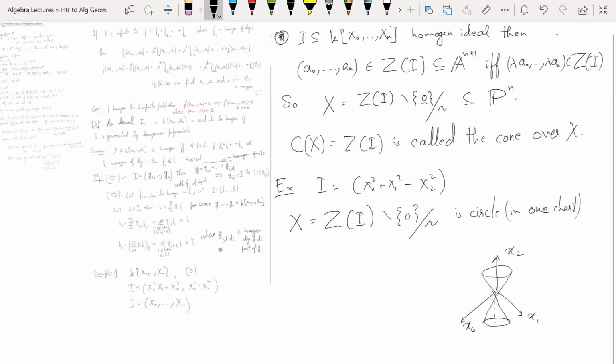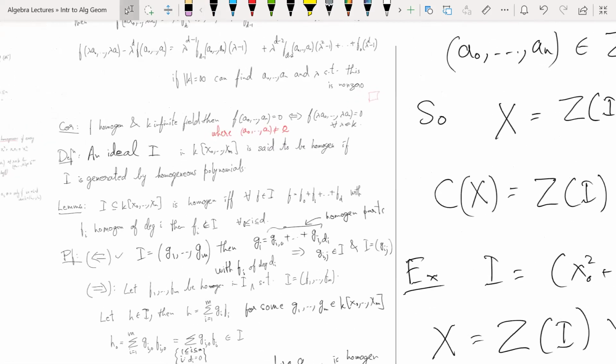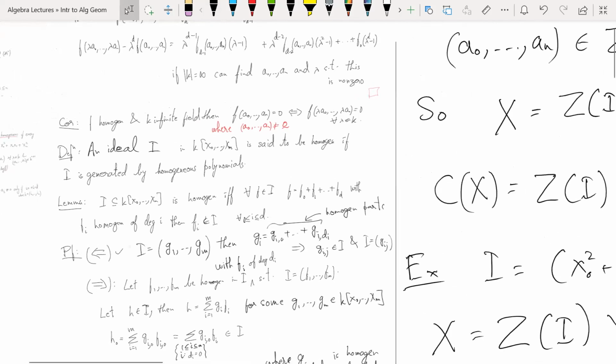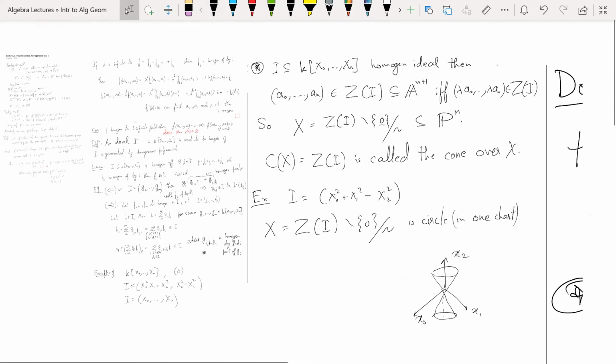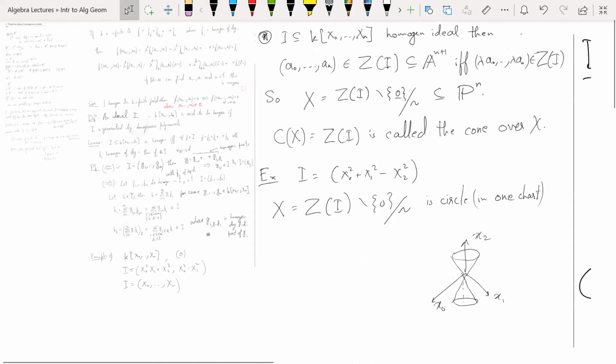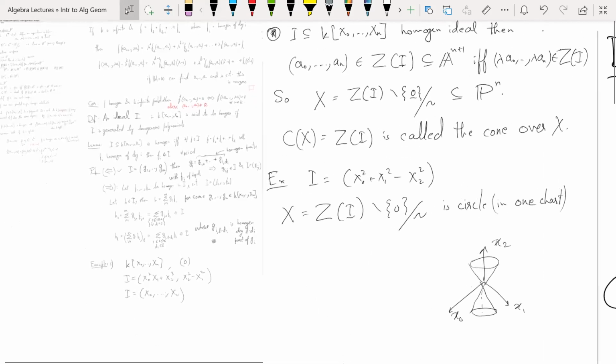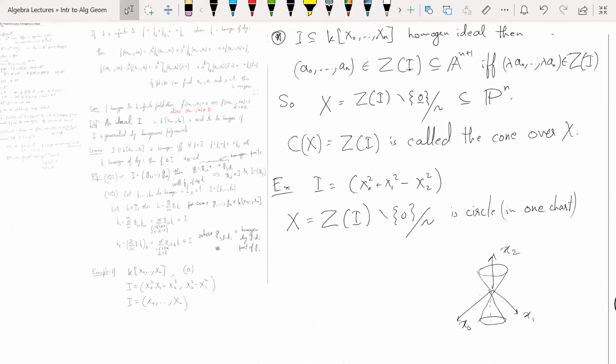Yeah, because I is going to be generated by some homogeneous polynomials, and if f is a homogeneous polynomial, so we have this corollary: f(a0, ..., an) is 0 if and only if f(λa0, ..., λan) is 0 for all λ in K.